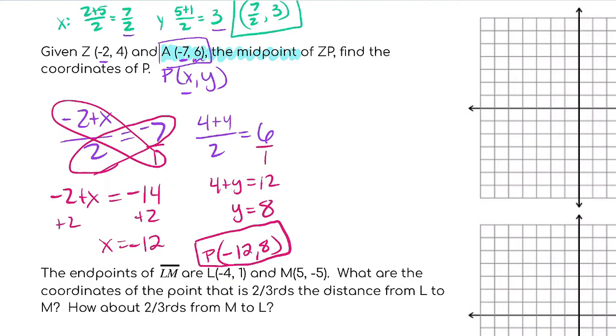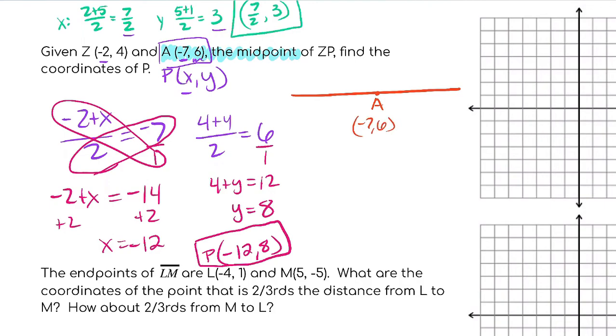So you could potentially graph and use the slope and make sure that A is in the middle and connect the dots there, but it's not going to work out for this question. So my favorite method is to do a pattern, to kind of use a number line, even though I know that doesn't really work for coordinate points, but I draw a little line segment and we want A to be the middle. So A is in the middle at -7, 6.